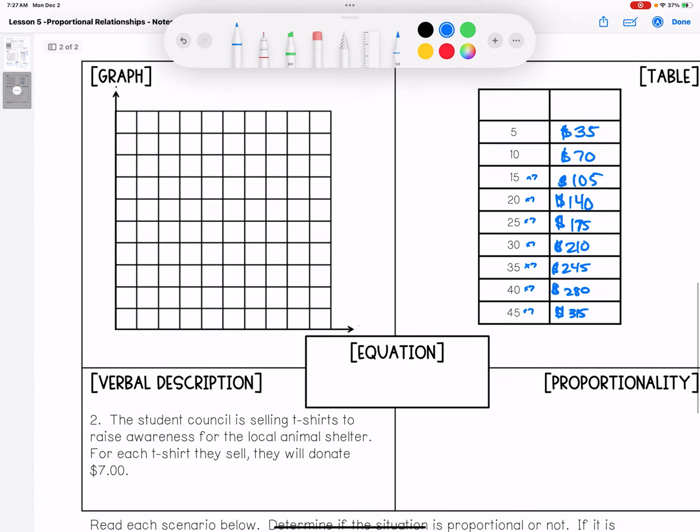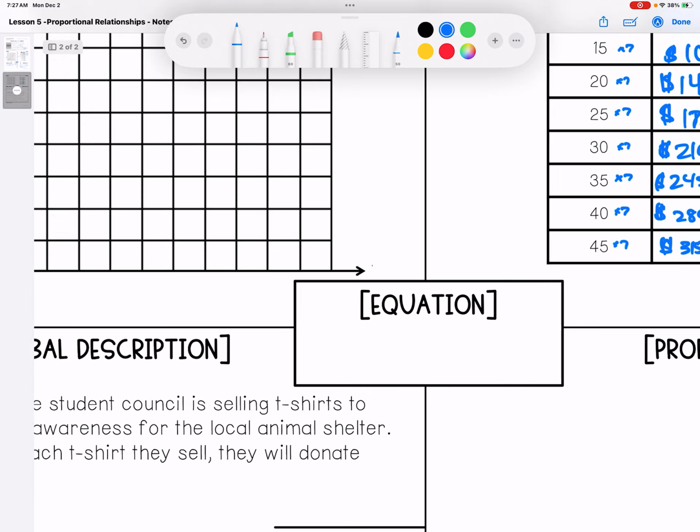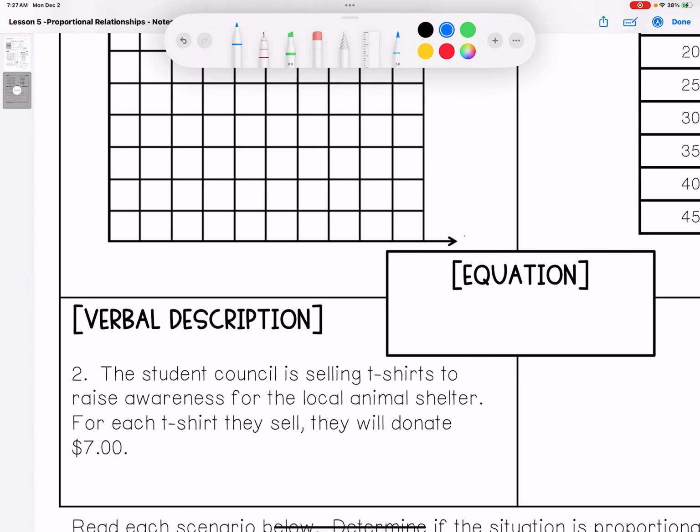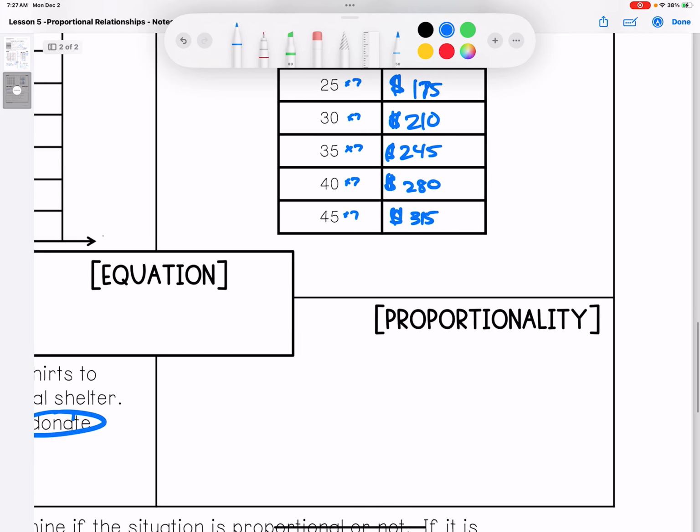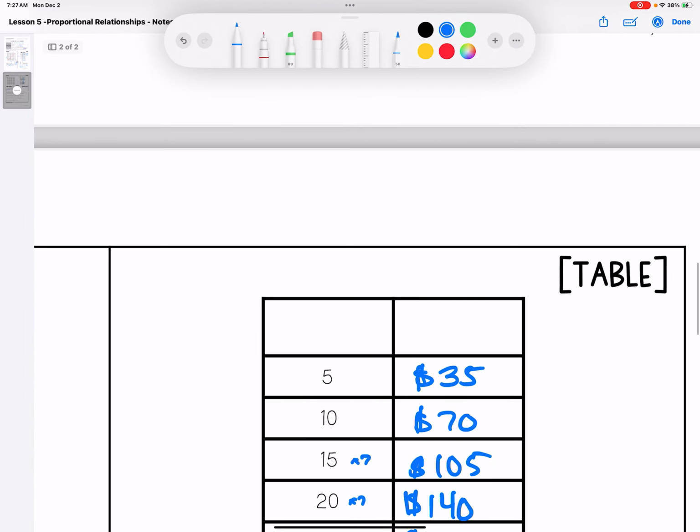So what are we talking about? We're talking about number of shirts and how much they donate. So, number of shirts sold, total money donated.